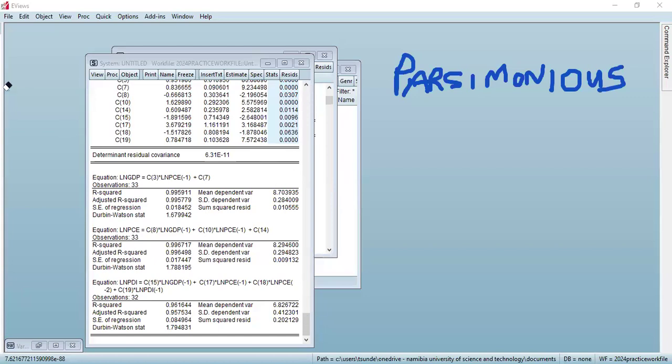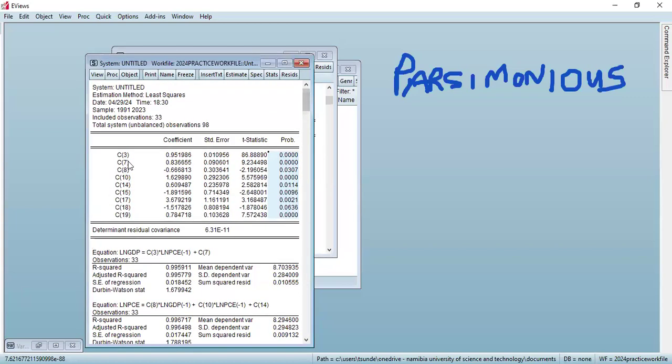There is no autocorrelation in all of them. So that's one thing. The other thing is that the importance of this model is for us to test whether PCE Granger causes GDP.